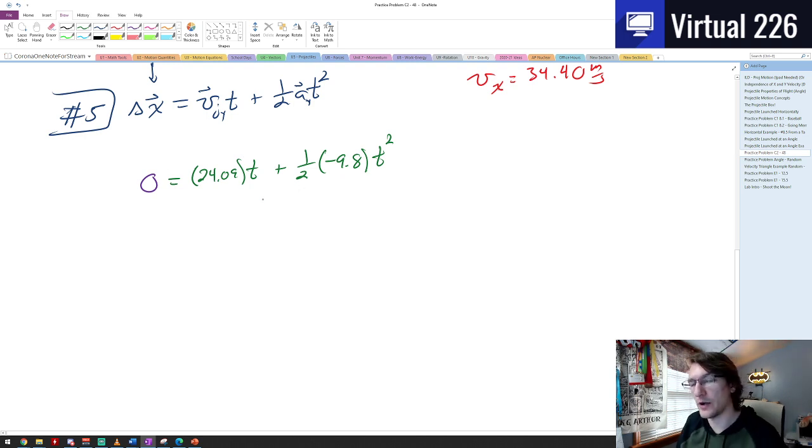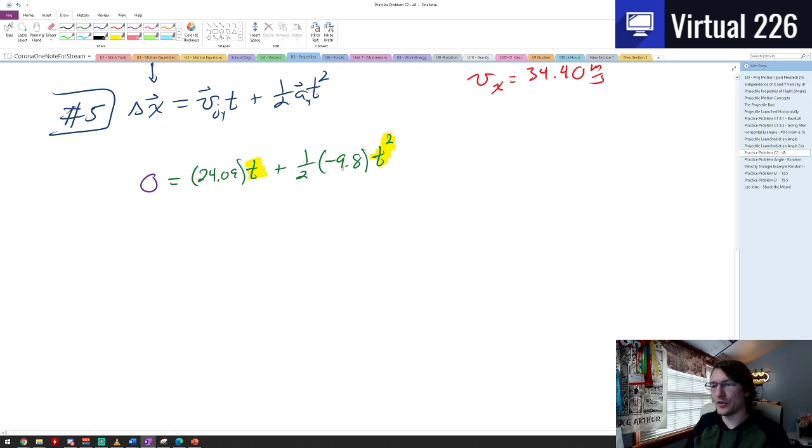Now, this may kind of look like a quadratic, and if you wanted to, you could use the quadratic equation here, but we're going to make things a little bit nicer so that we don't have to. I'm going to notice that I have a t and a t squared here. Since they both share at least one t, I'm going to factor a t out of this equation.